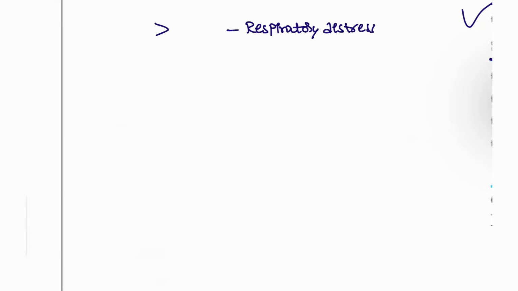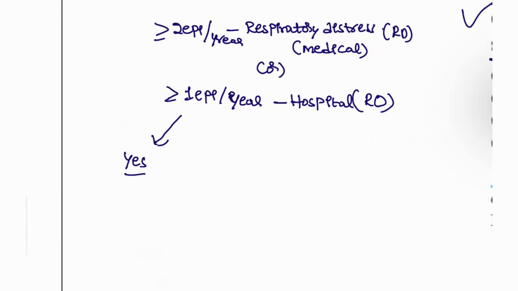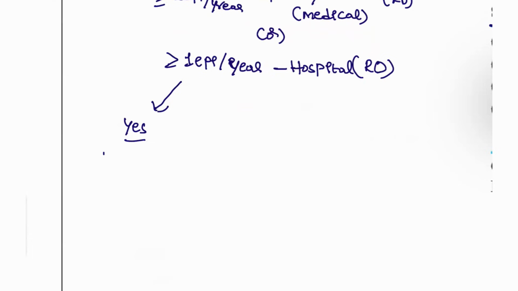More than 2 episodes in 1 year, he is treated with medically conservative treatment, or more than one episode in the last 1 year, the patient is treated with respiratory distress. So for this patient, if yes, then this patient is going to be treated aggressively.